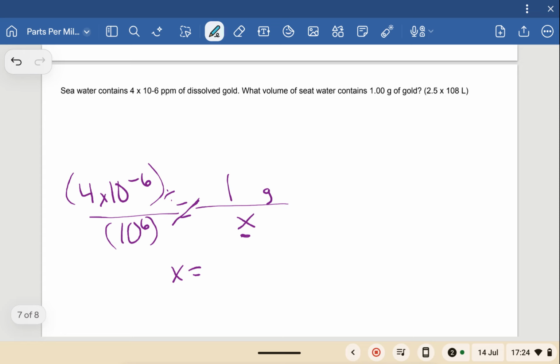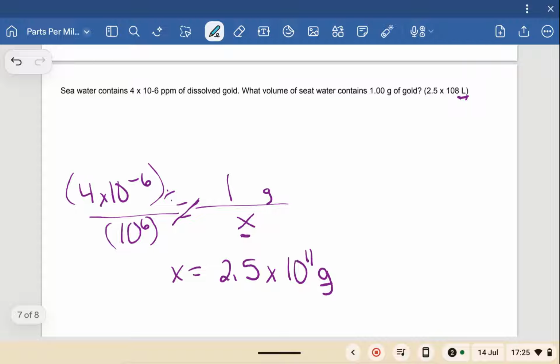So we have 10 to the power of 6 divided by 4 times 10 to the negative 6. There we go. So here you're getting 2.5 times 10 to the power of 11, but this value is in grams. So notice the difference here. We have grams, and in your answer you have liters.